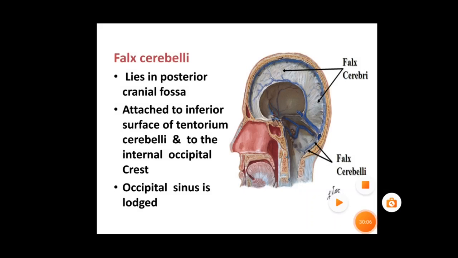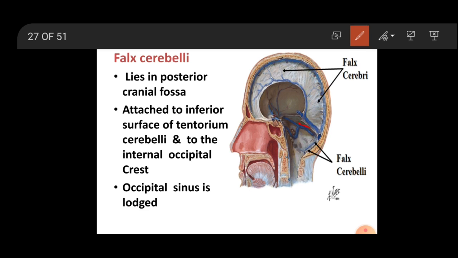And the last one is the falx cerebelli. The falx cerebelli is again sickle shaped, and it lies in the posterior cranial fossa. You have the tentorium cerebelli here. It is attached to the inferior surface of the tentorium cerebelli and to the internal occipital crest.